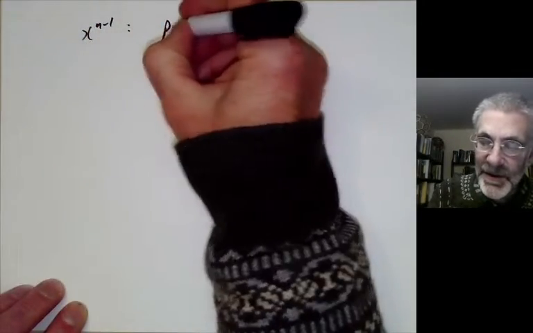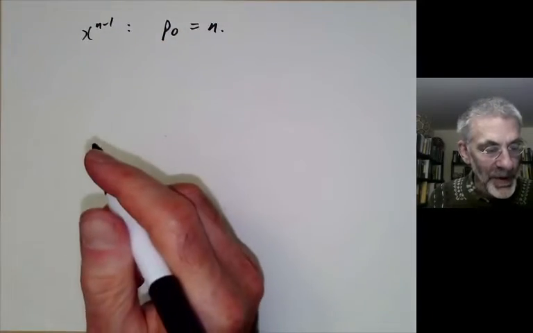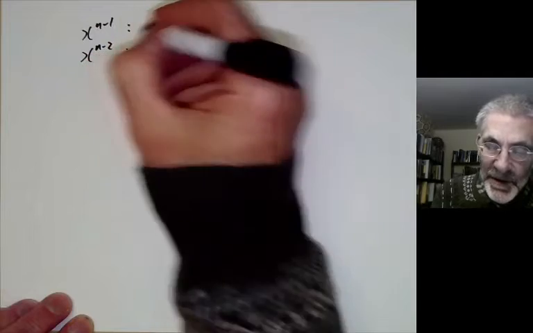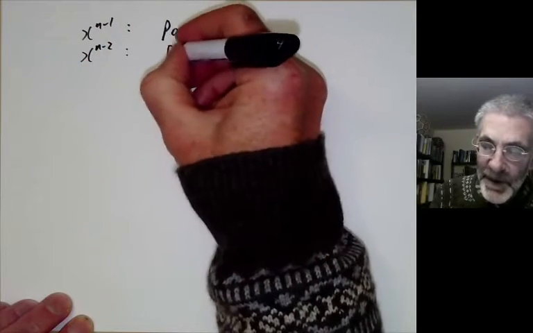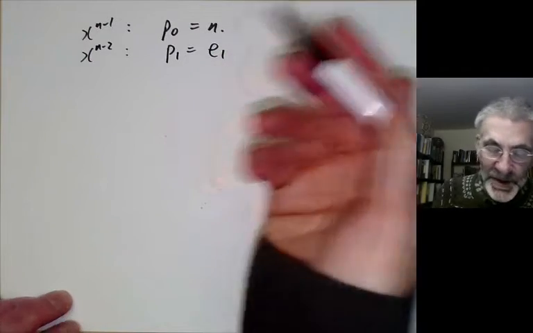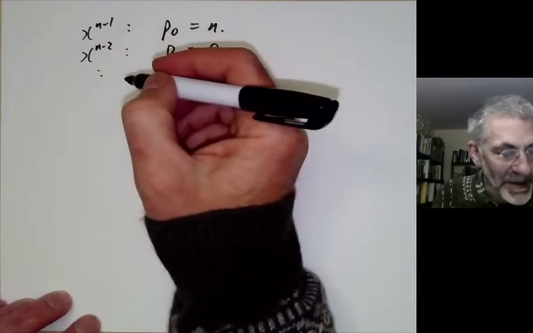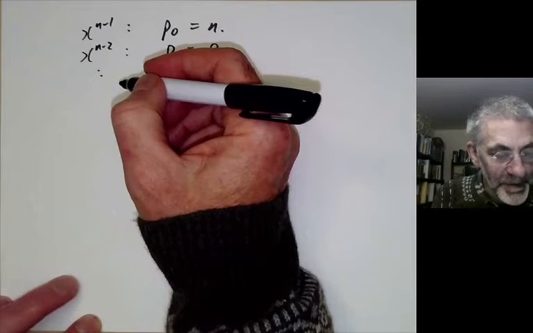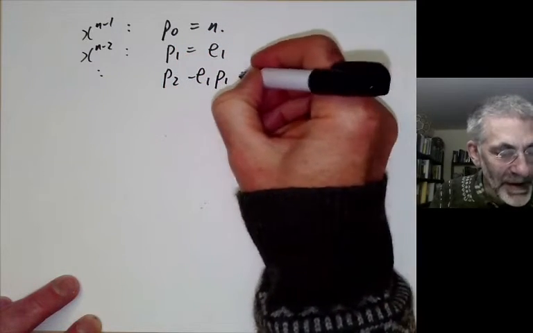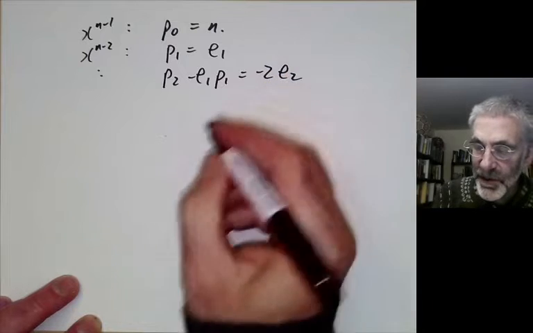We just get p0 equals n, which we knew about already. If we look at the coefficient of x to the n minus 2, we find p1 is equal to e1, which we already knew. The next one, we find p2 minus e1 p1 is equal to minus 2e2.